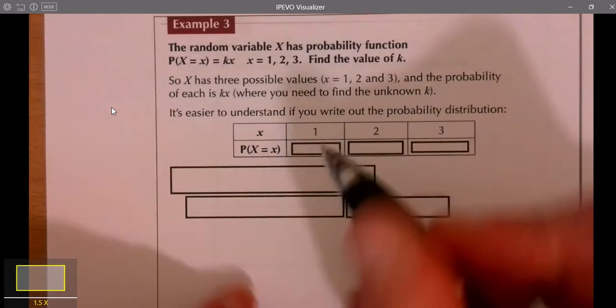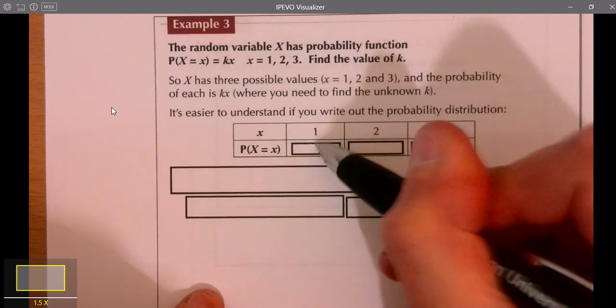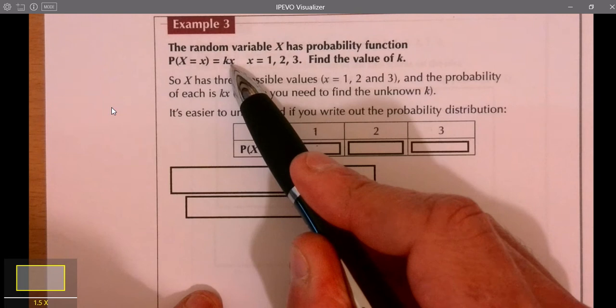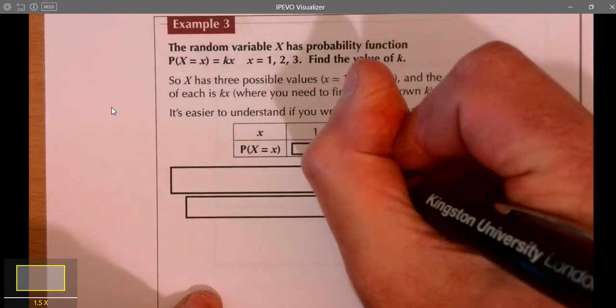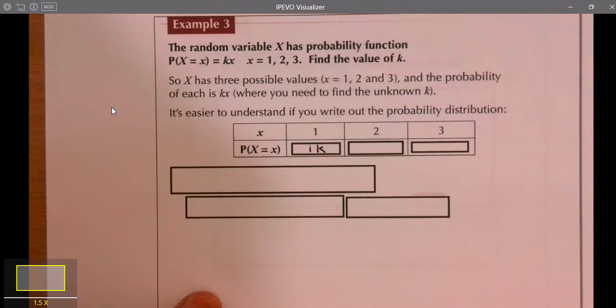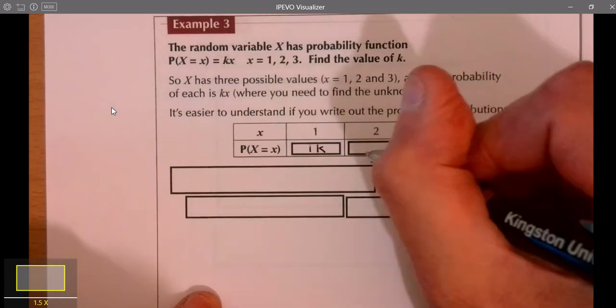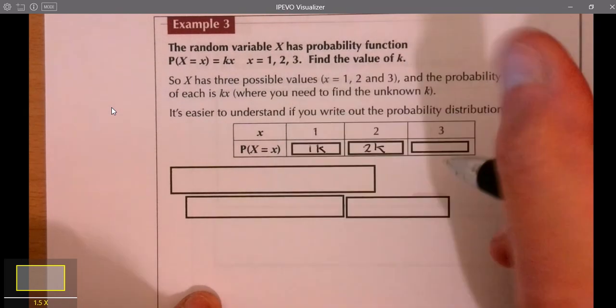So all this means is that the probability of getting 1, if I'm looking at our probability function here, if I just substitute 1 into there, it means it's 1 times k. If I substitute a 2 in, it's 2k. And if I substitute a 3 in, it's 3k.